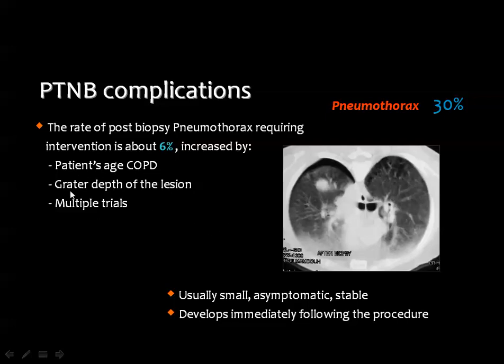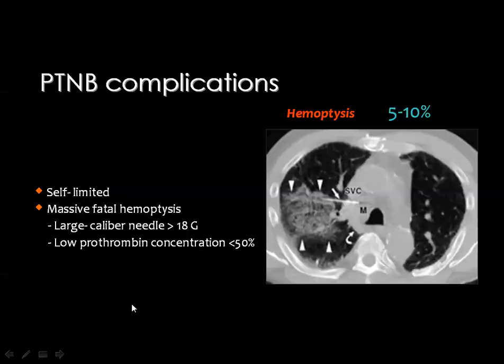If the lesion is very deep and you have done multiple trials, or you wrongly select a gauge which is larger than 19 gauge, then hemoptysis will result whenever you traverse the lung by the needle, reaching the target of interest, and the incidence of hemoptysis will be larger if the coagulation profile is not accurate.